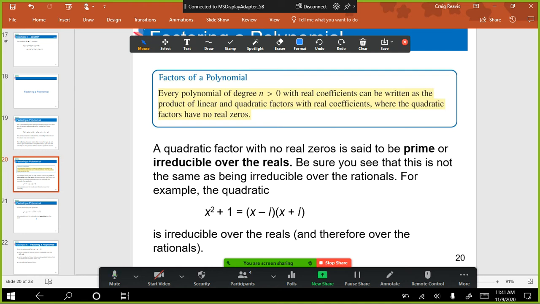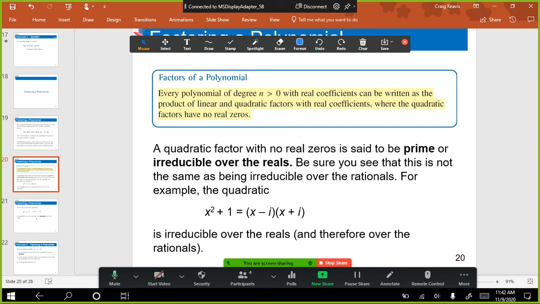For example, the quadratic factor x squared plus 1. We've talked about how, if we're looking at complex numbers, we could write that as x minus i, x plus i. If it was x squared minus 1, it would go x minus 1, x plus 1. But x squared plus 1 factors with imaginary numbers.